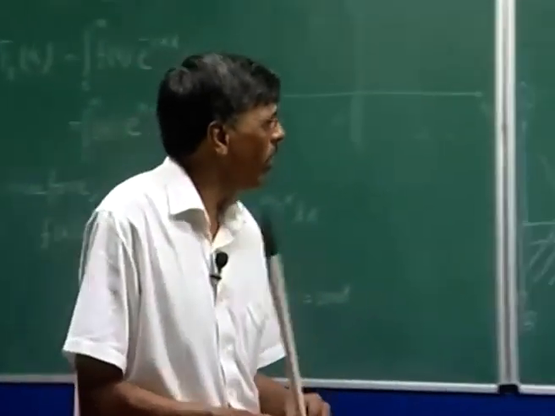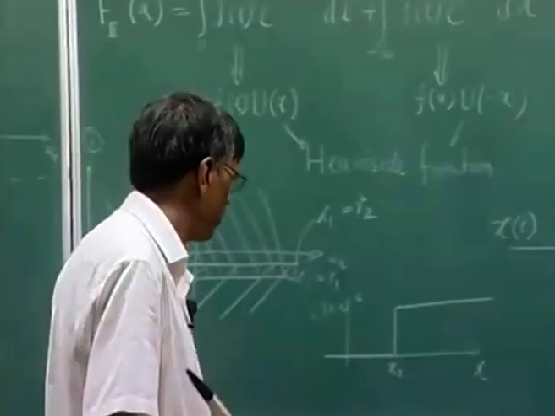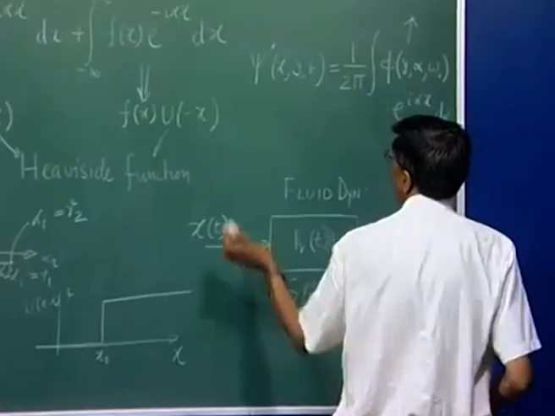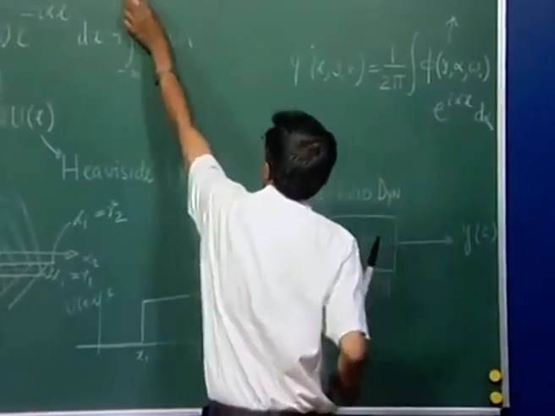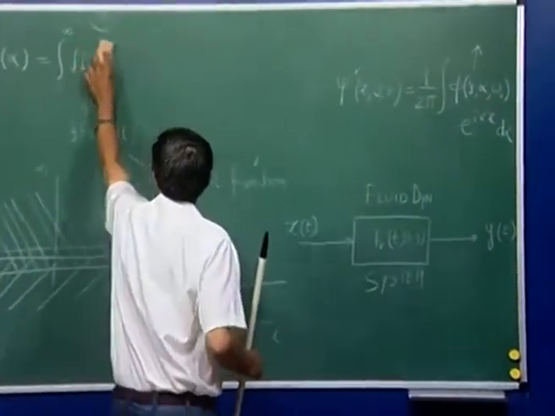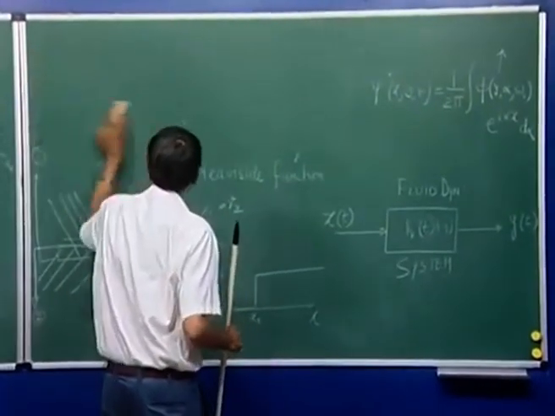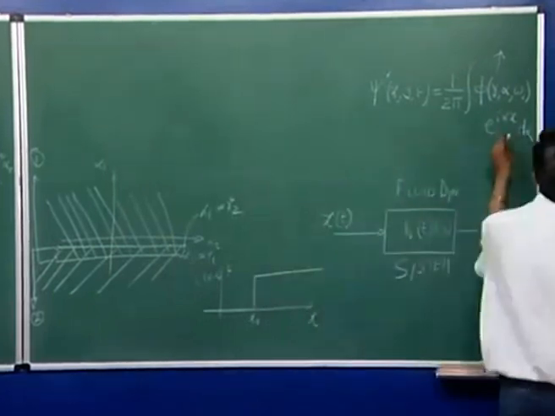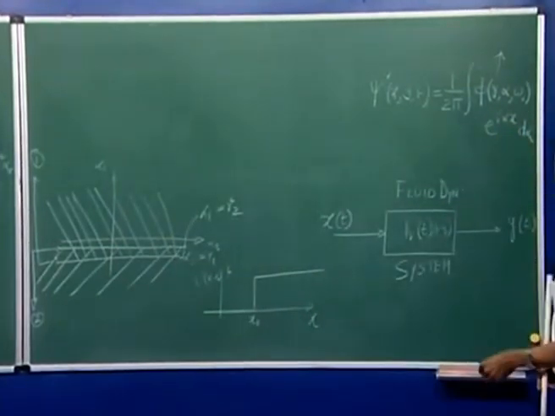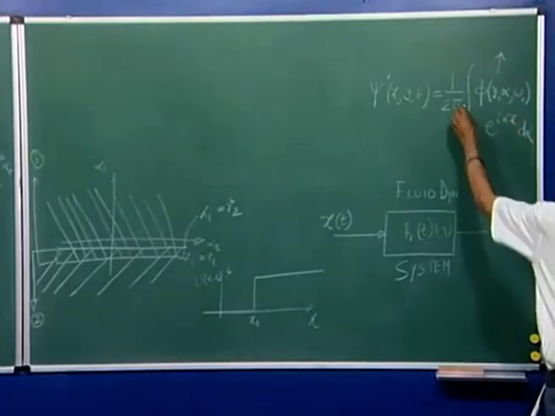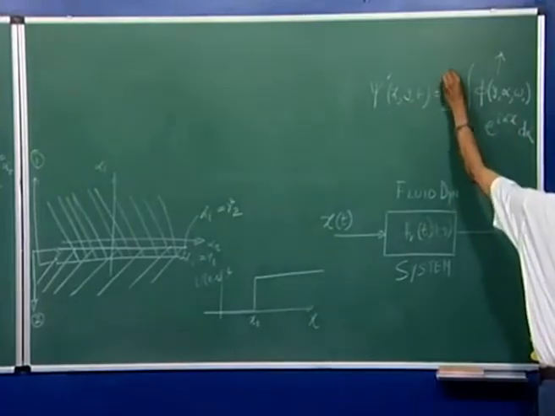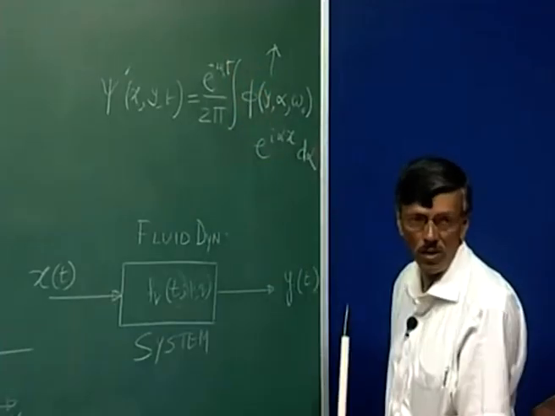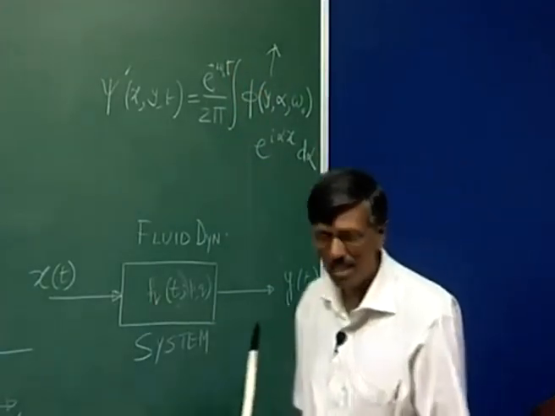We have also made one assumption here, as you can see, that we have performed the integral over alpha. What did we assume? That the system is excited at a fixed frequency omega naught. It is an assumption.